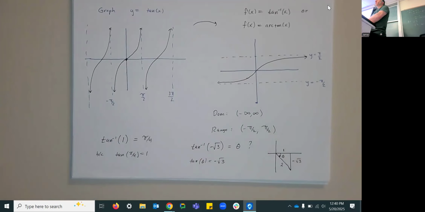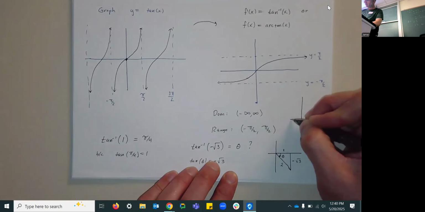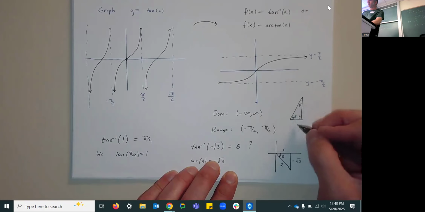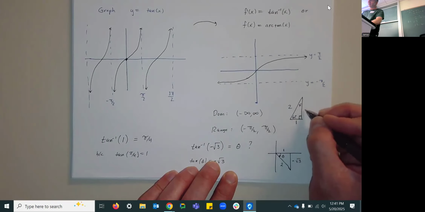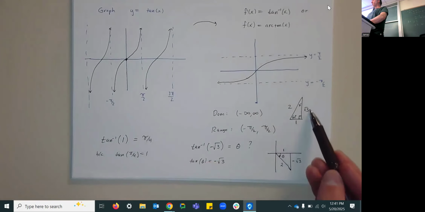That angle there, this looks like my usual 30, 60, 90 triangle. I know, again, it's been a while since we talked about trigonometry at all, but in a 30, 60, 90 triangle, the short side opposite the 30-degree angle is 1, the long side opposite the 90-degree angle is 2, and the medium side opposite the 60-degree angle is root 3. So it looks like tangent of 60 degrees is equal to root 3 over 1.